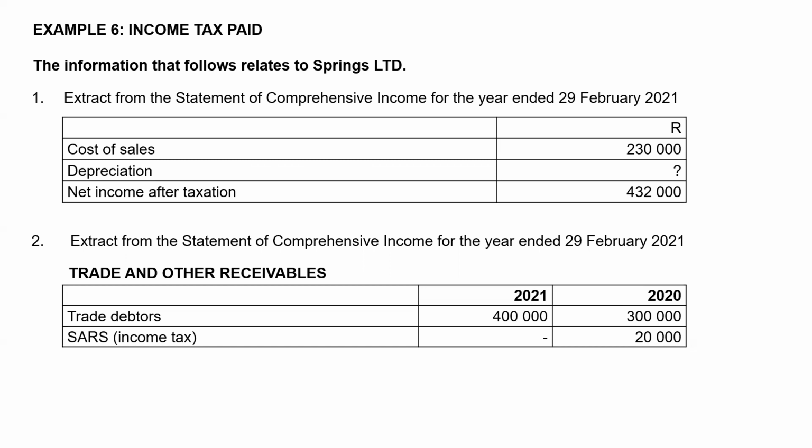And then obviously they gave us the trade and other receivables note, and you realize that your sales income tax for last year was in trade and other receivables. So when we prepare the taxation paid note, we will show this 20,000 without brackets. This is the extract from the notes to the financial statements for the year ended 28th of February 2021.